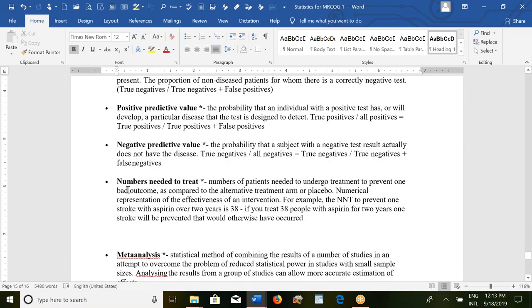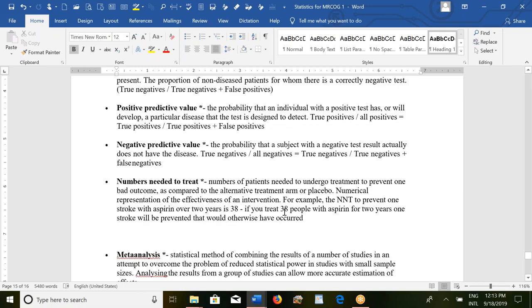Another important concept, what is number needed to treat? The number of patients needed to undergo treatment to prevent one bad outcome. So this is the number needed to treat as compared to the alternative treatment arm or placebo. It is a numerical representation of the effectiveness of an intervention.